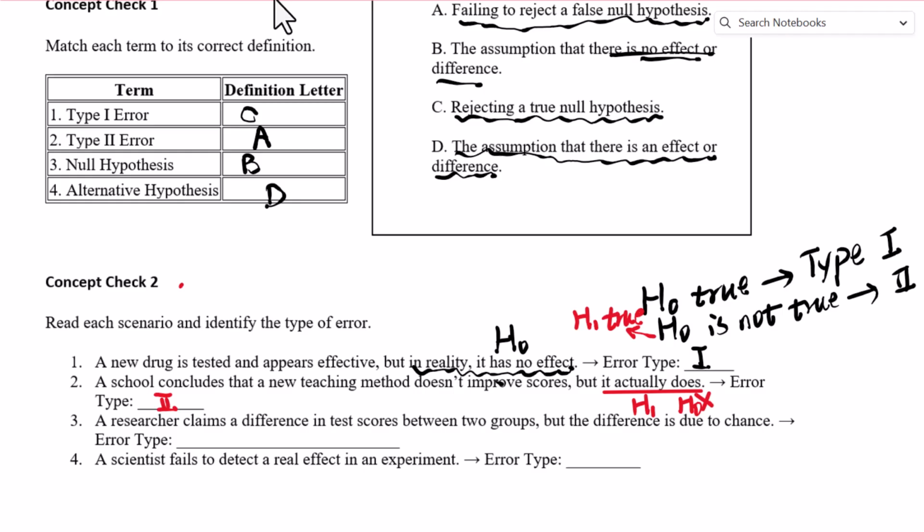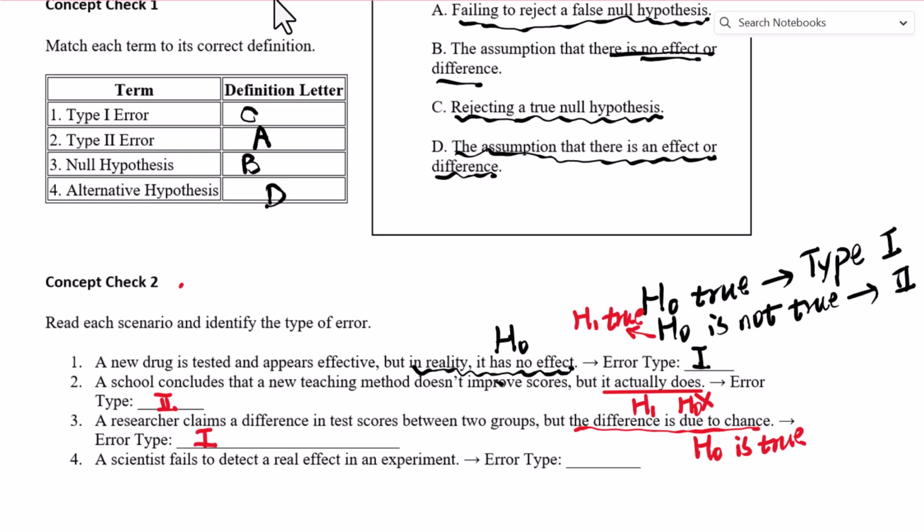3. A researcher claims a difference in test scores between two groups, but the difference is due to chance, which means H0 is true. So error type is 1. 4.